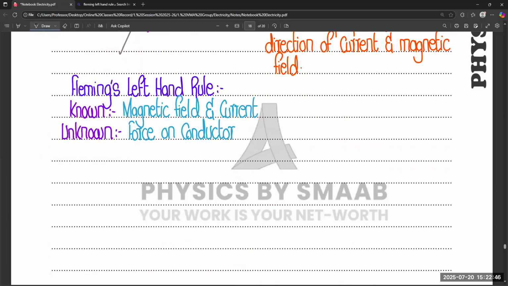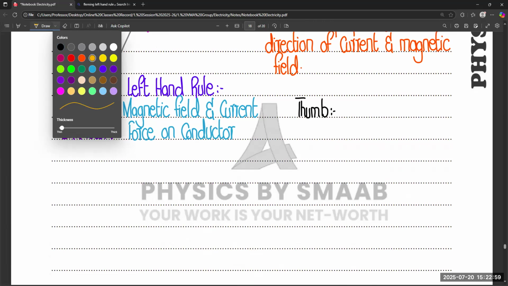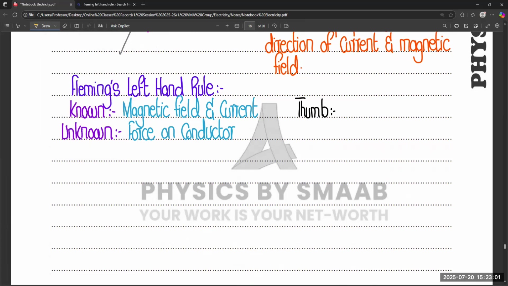And if we talk about the thumb, the thumb represents force on the conductor.